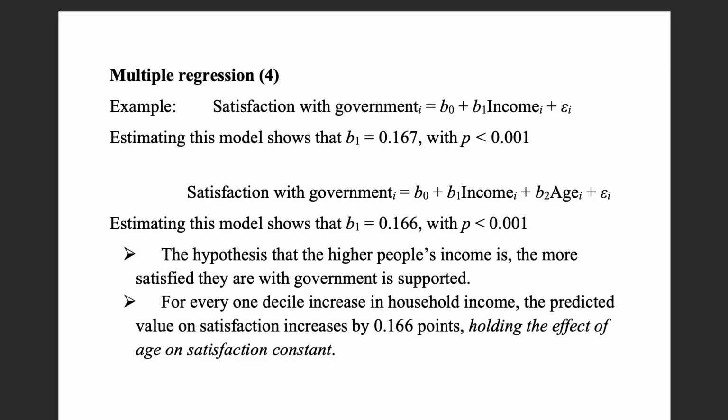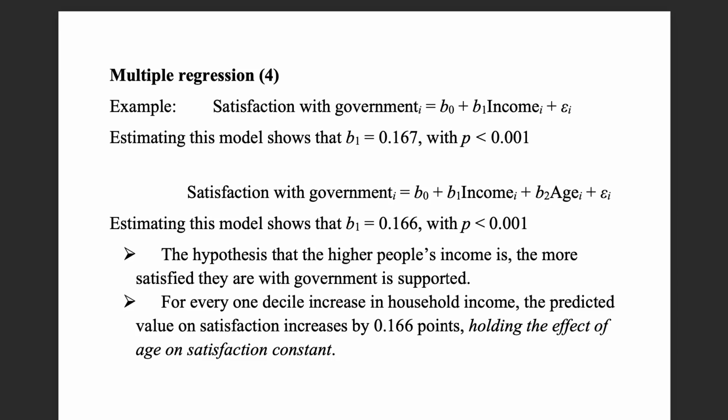So we have to be aware that once we start including more X variables in our model, the interpretation of the effects also changes, because now we have to interpret these effects as the effect of this variable holding the effect of all the other variables that we included constant. So basically controlling for them or adjusting for them. All of these things are more or less equivalent in their meaning. So, holding the effect of age on satisfaction with government constant.